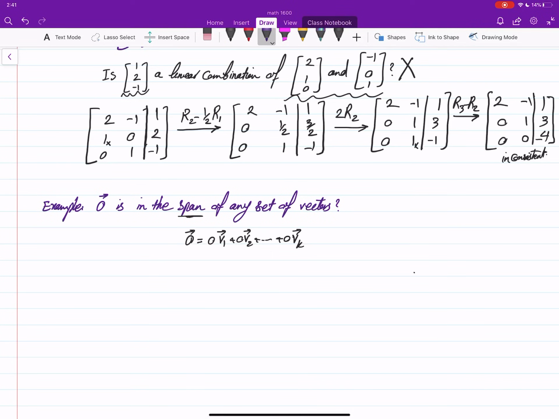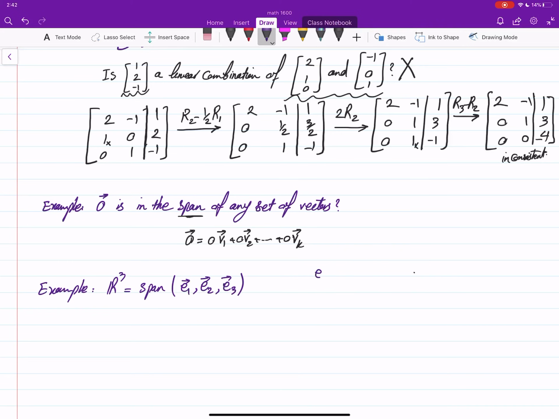Sometimes we can also determine the whole span, the set of all linear combinations. The example would be R3, which is actually the span of the vectors E1, E2, and E3.